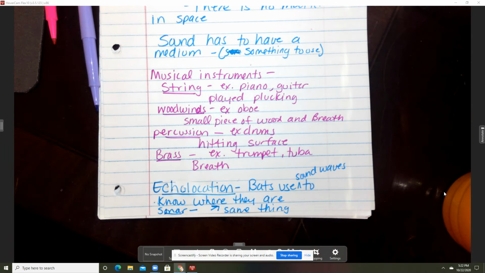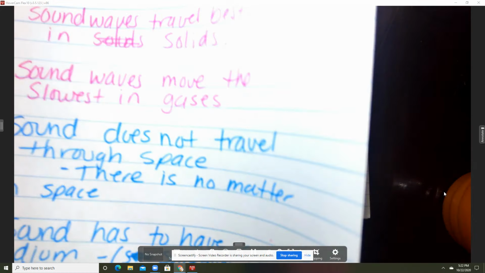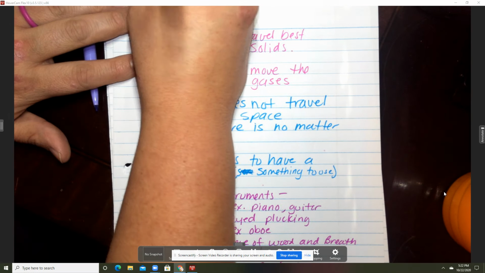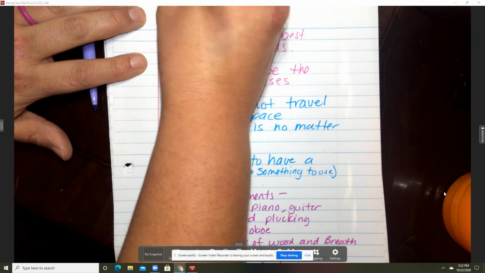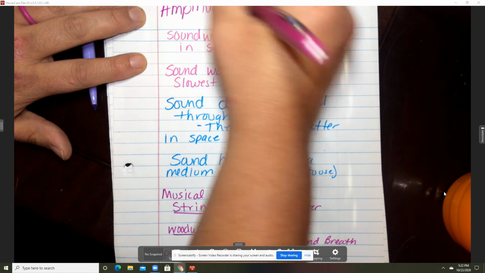All right, I need to add one more thing that I forgot, and we'll just add it to the top right here. Amplitude, and that is how loud or soft something is. It's the volume.